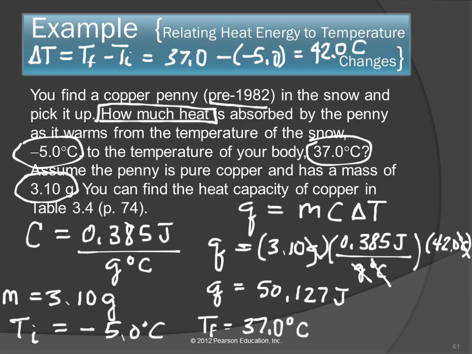So 42.0 has 3 significant figures, 0.385 has 3, and 3.10 has 3. So my answer here should have 3 significant figures, so I'm going to call it 50.1 joules. Any questions?